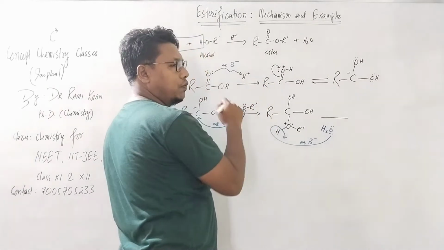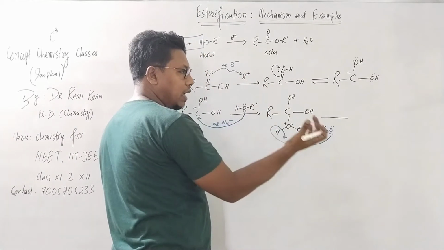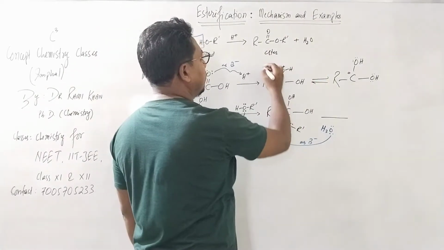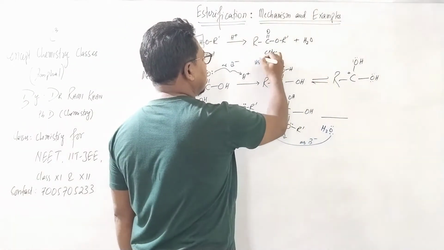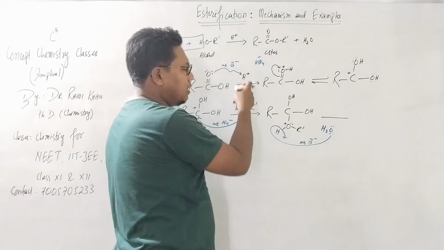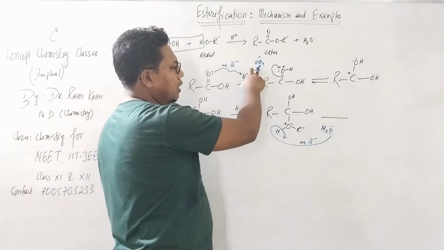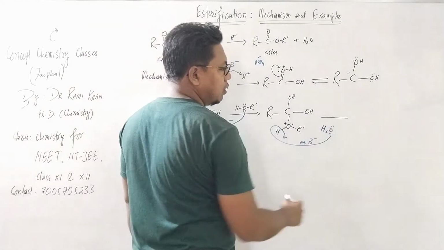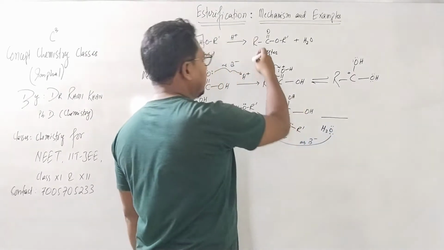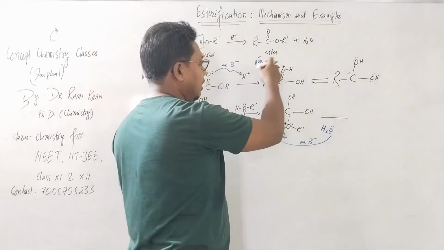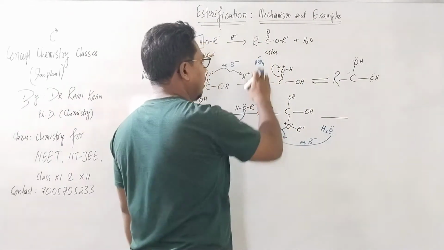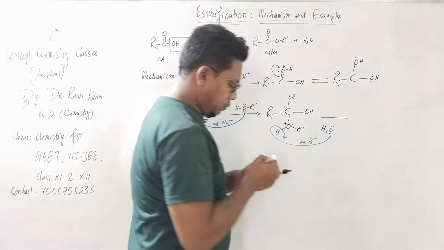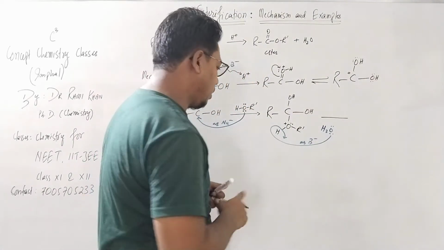If we take H2SO4, then this H plus ion will come from H2SO4, therefore its conjugate base will be HSO4 minus. And if I take HCl here, then the conjugate base will be Cl minus ion. This water can be replaced by Cl minus ion or HSO4 minus. But let me represent this base by water.